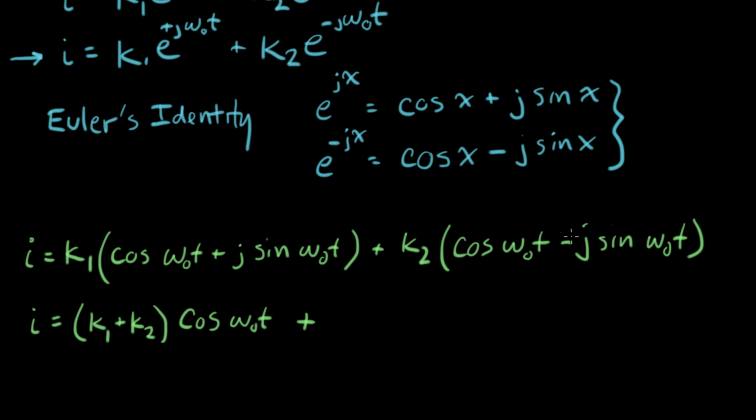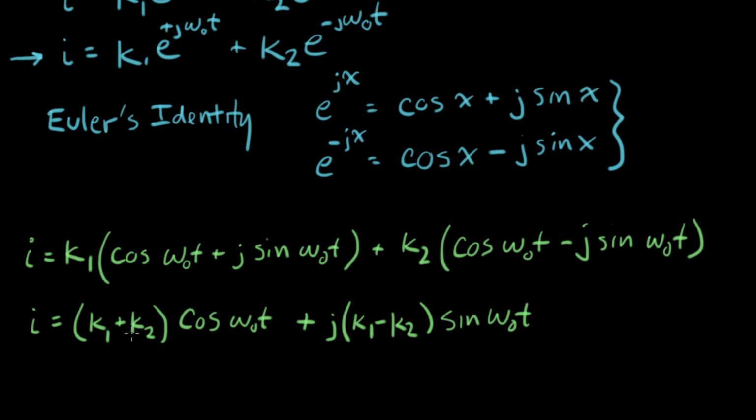We have j sine and j sine, so I'll write sine omega naught t over here, and j times what? j times k1, and this time we have this minus sign that makes it minus k2. So now, current is some number times cosine plus j times some number times sine.